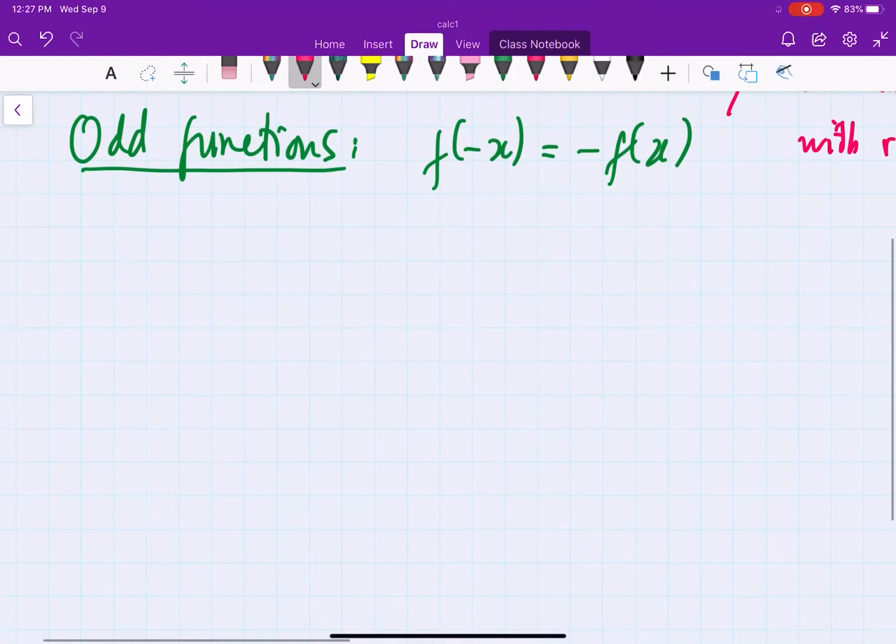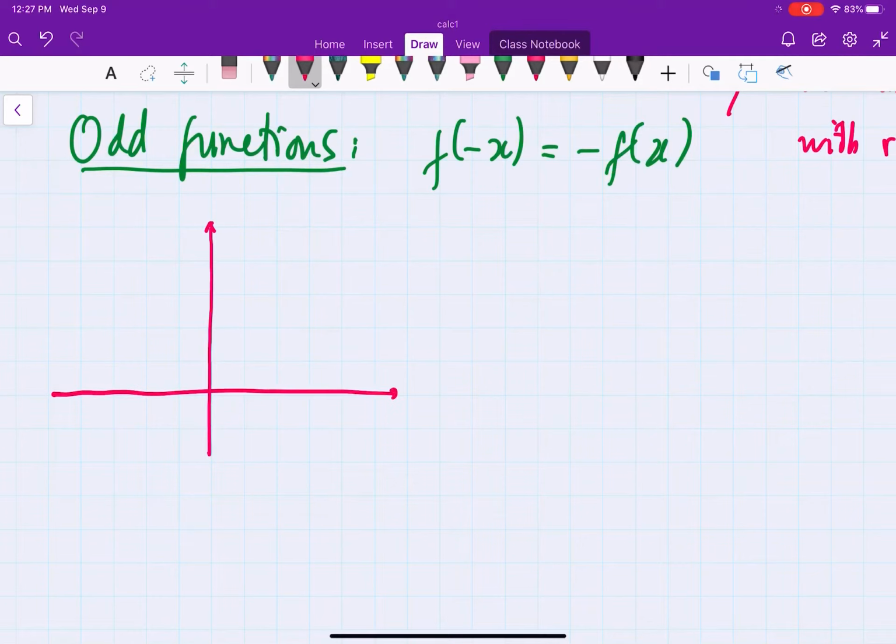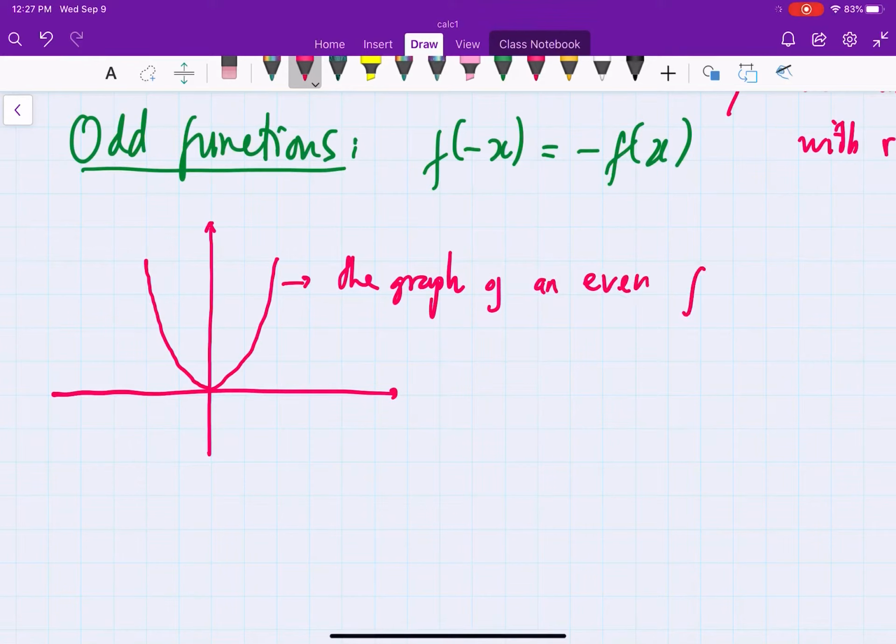So the graph of an even function is symmetric with respect to the y-axis. So this gives us some idea when we integrate the function.